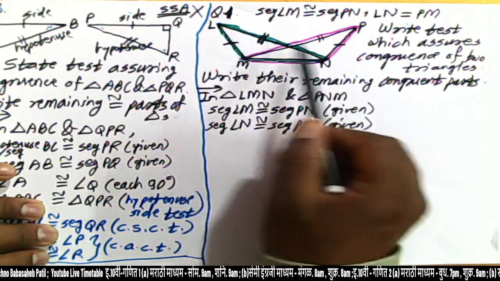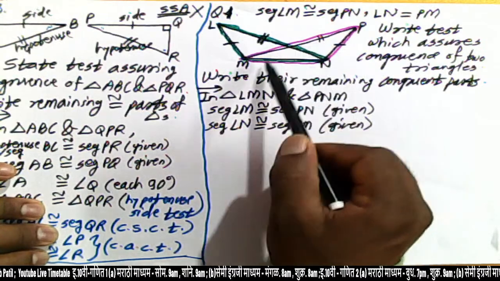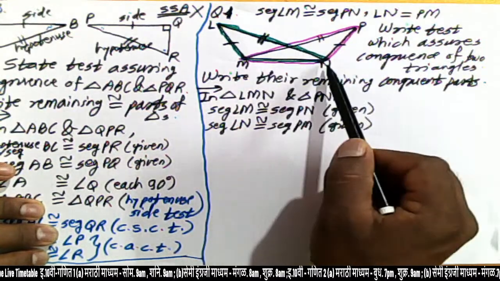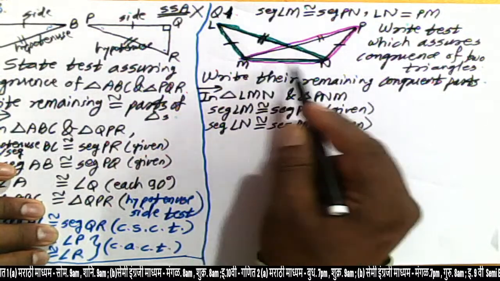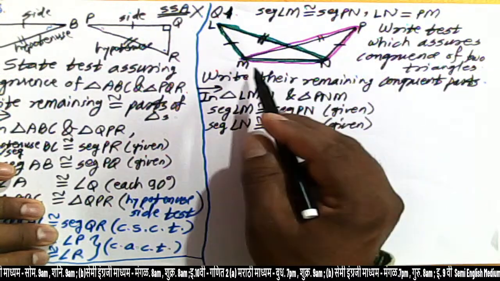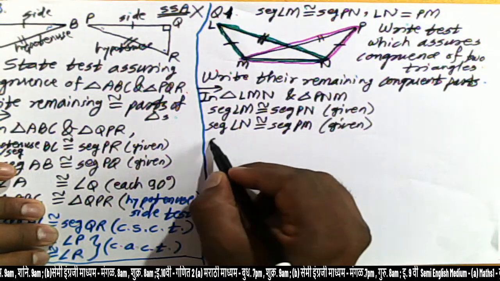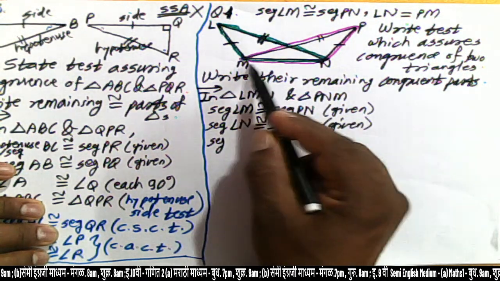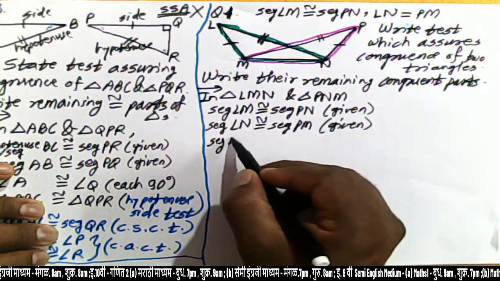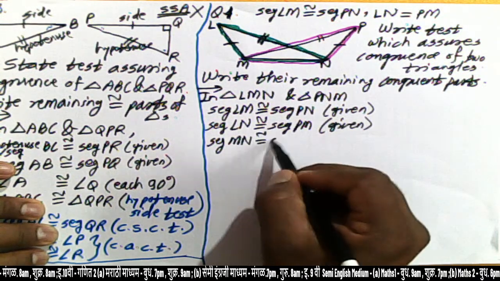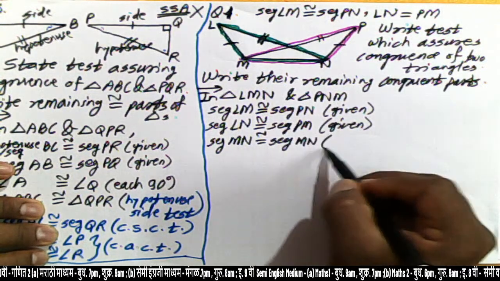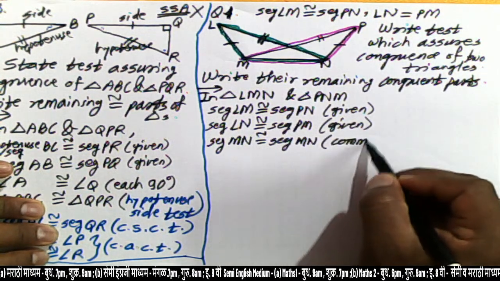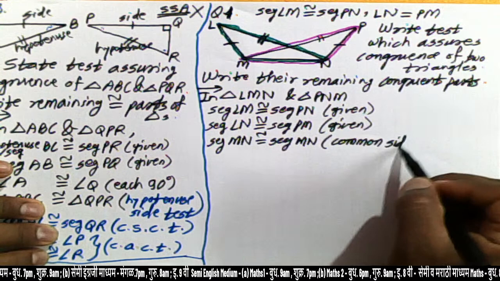In first triangle side MN, in second triangle also side MN, means MN is the common side, and a common side is congruent to itself, that is segment MN congruent segment MN, and the reason is common side.